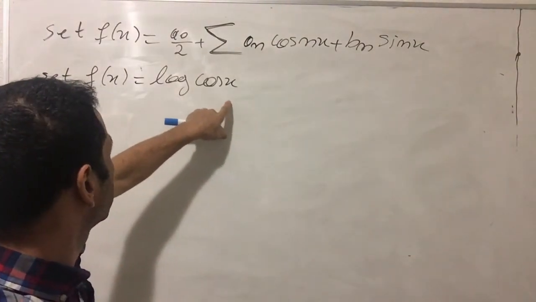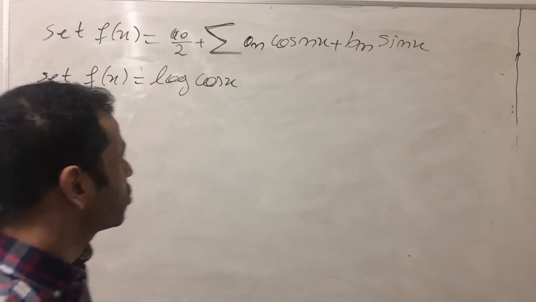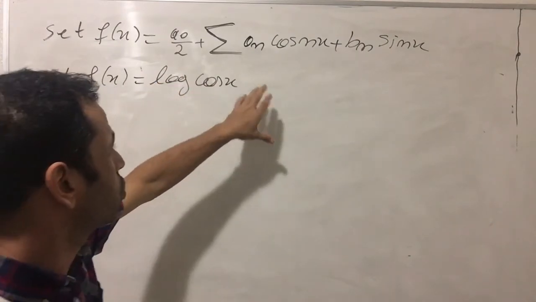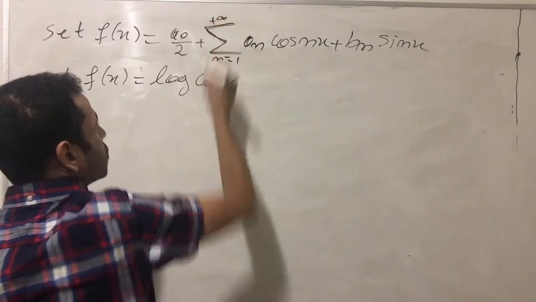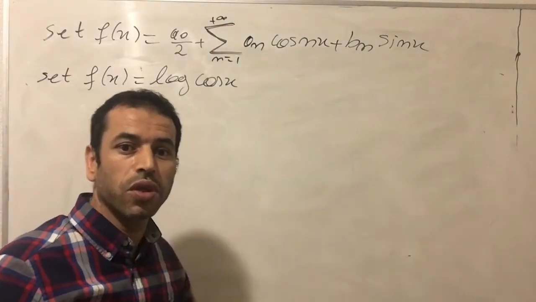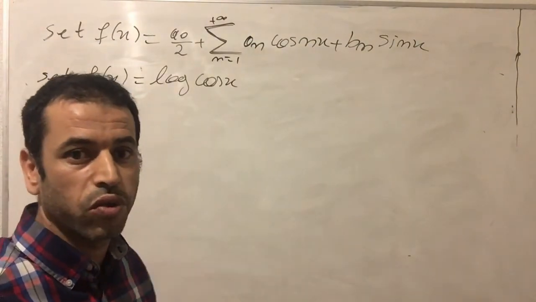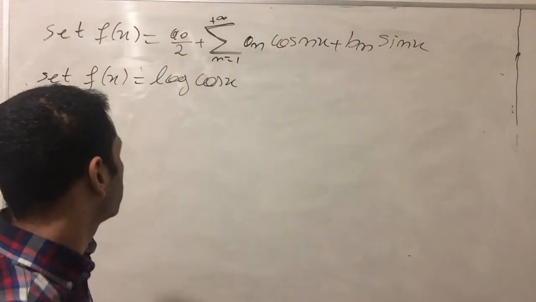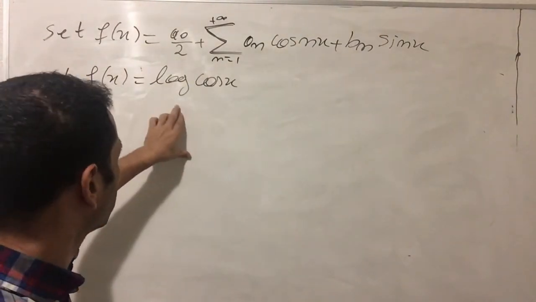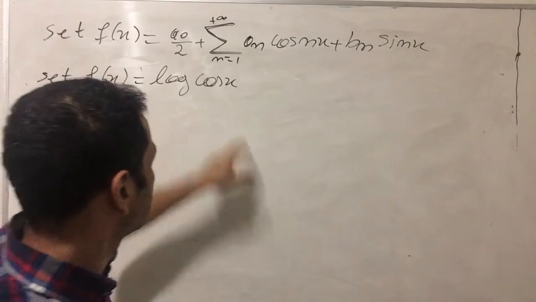What I'm going to do now is not calculate these coefficients by the direct, regular method we use for the Fourier series to calculate a sub n and b sub n. Instead I'm going to use a technique by transforming this.